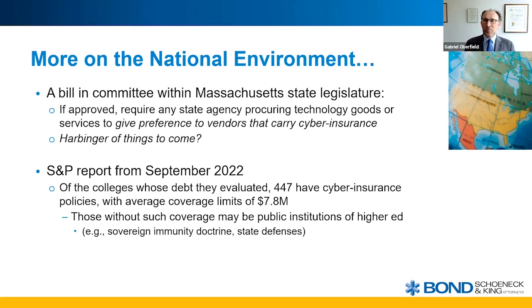And we can assume that those that don't have that kind of coverage are public institutions or otherwise situated where they might be able to rely on things like sovereign immunity doctrine or state defenses. But that number, 447 across the country, is obviously quite significant. And so there is this increasing volume of institutions with these policies. Again, another reason why we're here to talk about them.